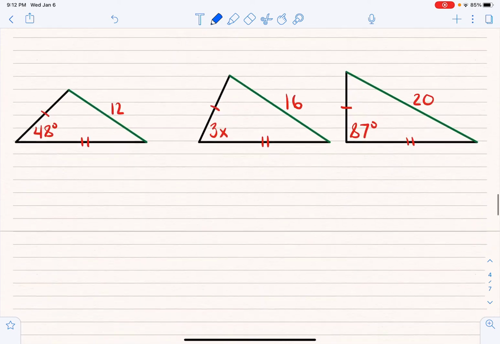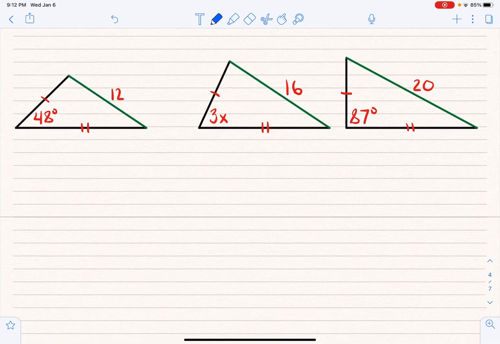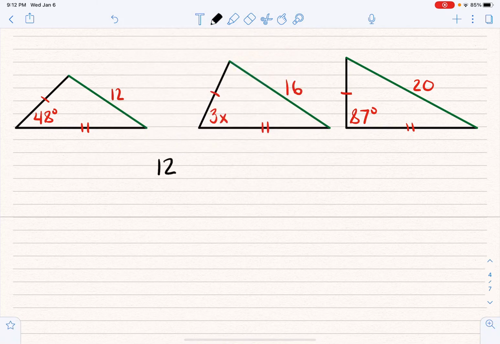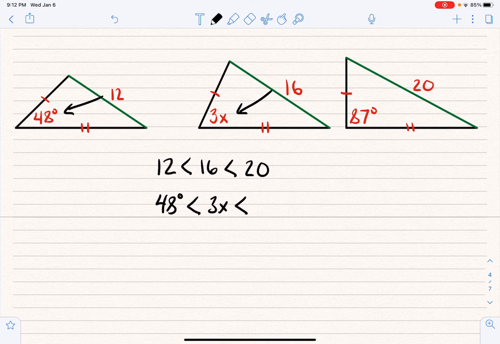Okay, let me give you another example. Hopefully I can make this make sense. In this situation, which again is very similar, I am going to be asked to find the possible values, or the range of possible values, of x. In the same way, I would look at this and say, well, I can see that 12 is less than 16, which is less than 20. And in this situation, the 12 is related to that 48 degrees, which is less than 16, which is related to 3x, which is less than 20, which is related to that 87 degrees.